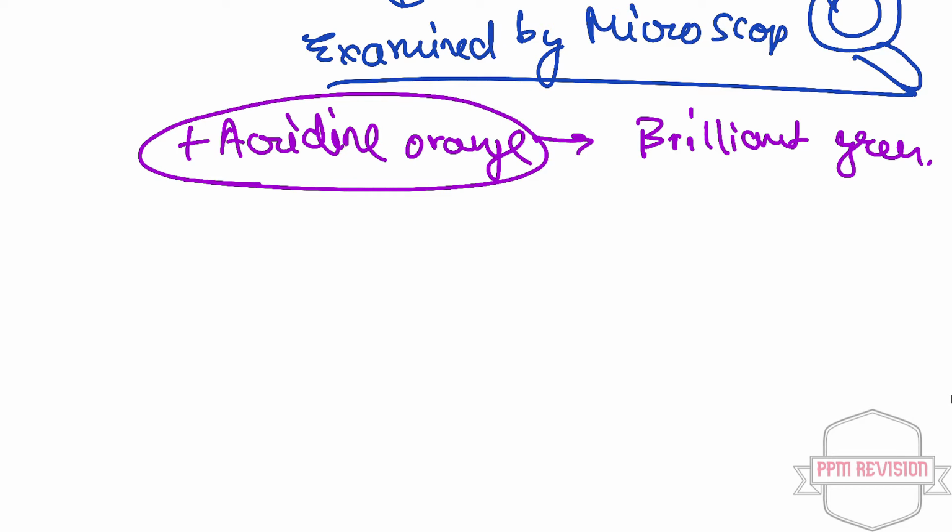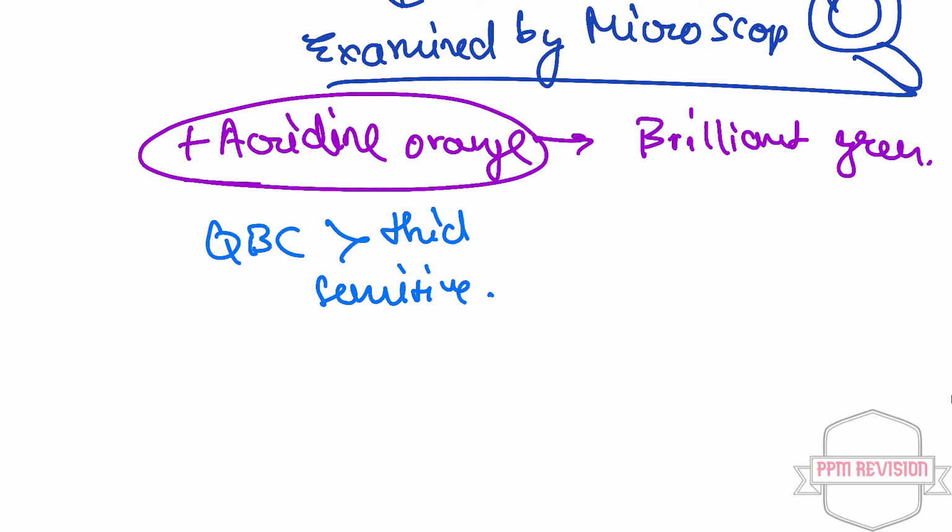So here another thing to note is this method has a higher priority, that is the sensitivity is greater than that of the thick blood smear. So this is an important point.